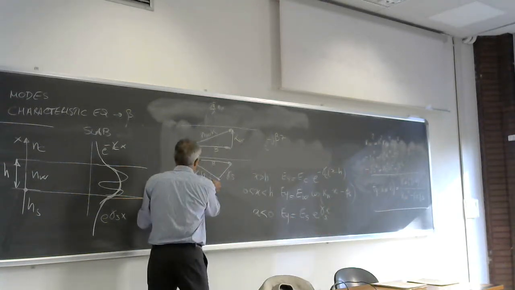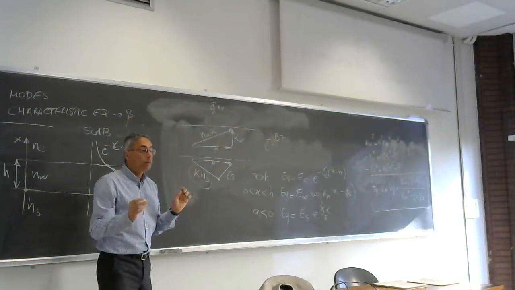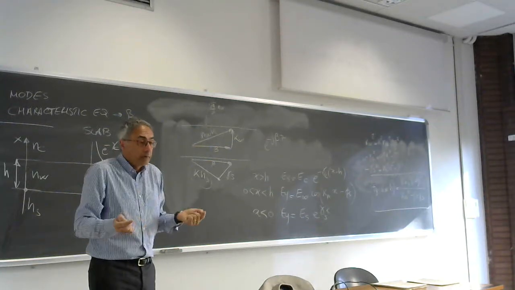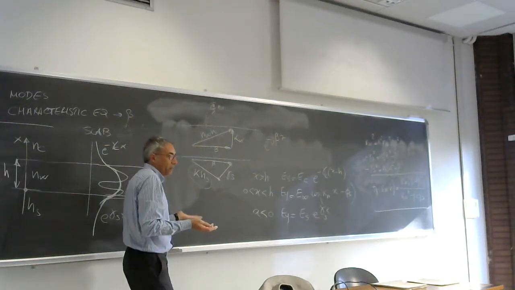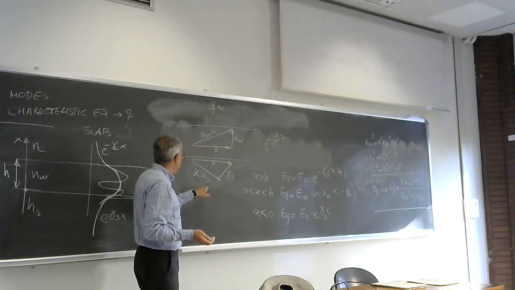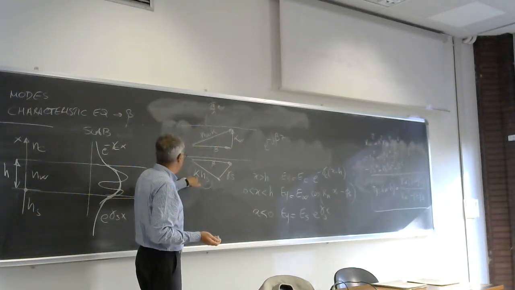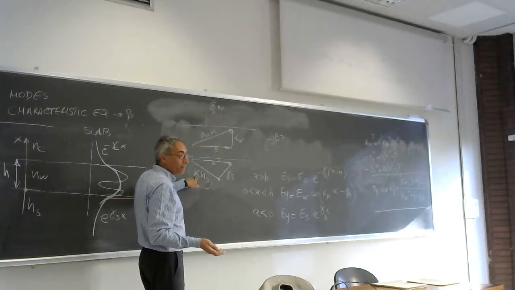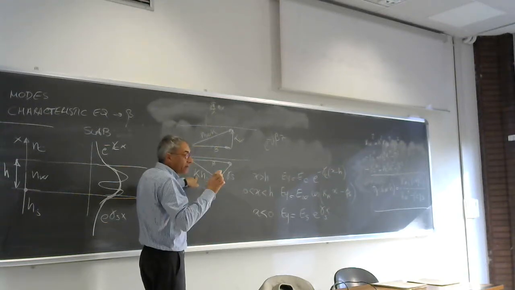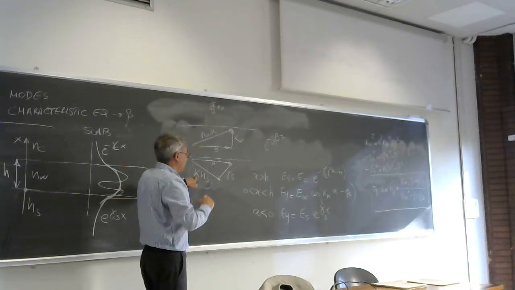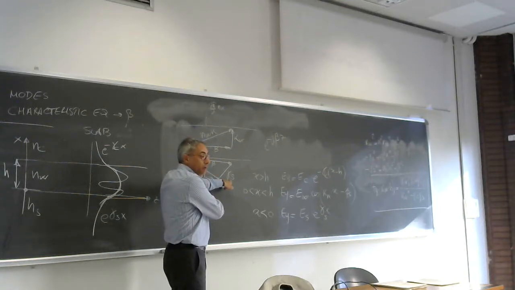Then this one is the wave vector of the material. We can do nothing. This is the material of the substrate, and this is 2 pi divided by lambda. So the only part that can be adjusted in order to close the triangle is this one.